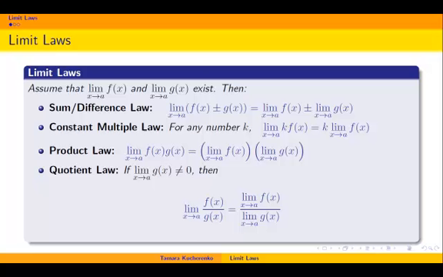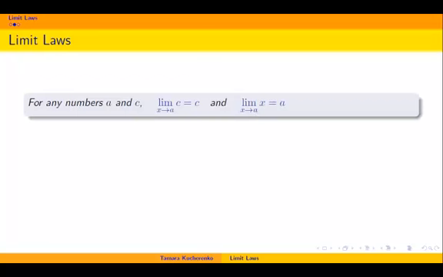For instance, for the sum law, we observe that if f of x is close to L and g of x is close to M when x is near a, then f plus g is close to L plus M. To use limit laws, we first need to convince ourselves that the following results are true.